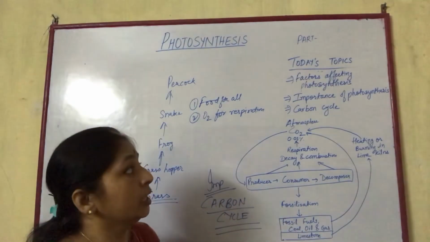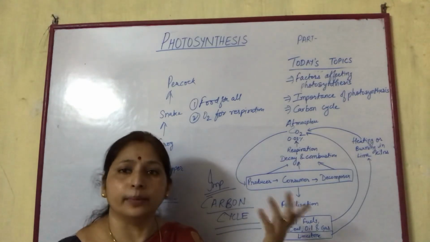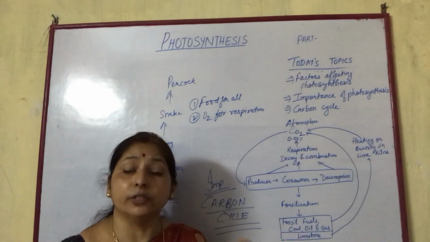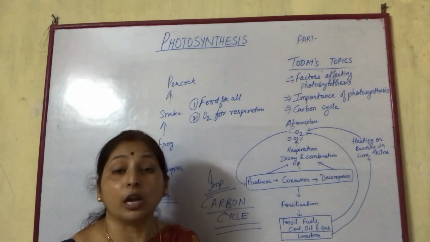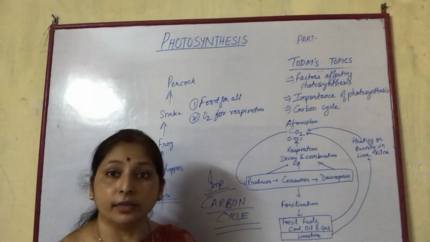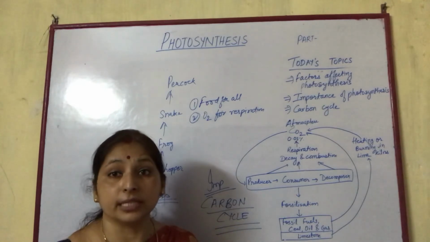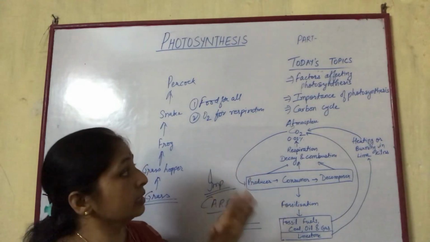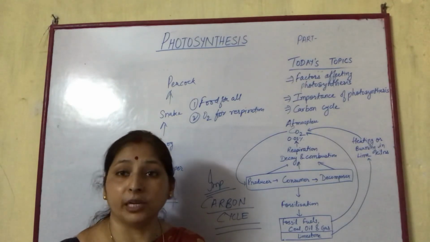Second, what are the external factors affecting photosynthesis, or any of the factors may be mentioned, and what is the role of this factor or how this factor affects photosynthesis. Then external or internal factors: the question could be on both. Then last, the carbon cycle, diagrammatic representation or explanation.